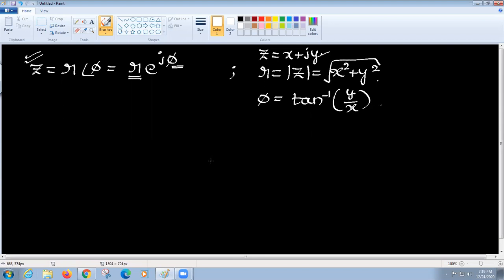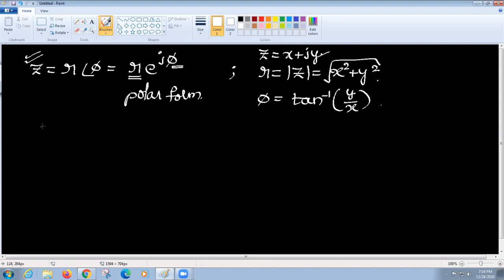Now you have everything in polar form. As we said already, if you want to add two complex numbers, you go for rectangular form, or if you want to multiply or divide two complex numbers, it's often good to go with polar form.